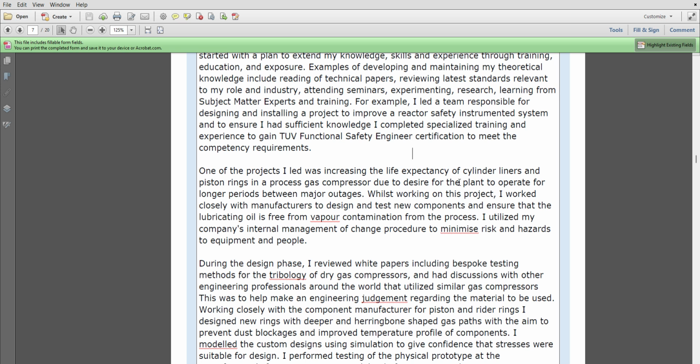Whilst working on this project, I worked closely with manufacturers to design and test new components and ensured that the lubricating oil was free from vapor contamination from the process. I utilized my company's internal management of change procedure to minimize risk and hazards to equipment and people.